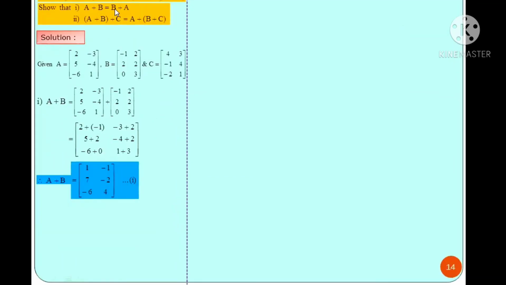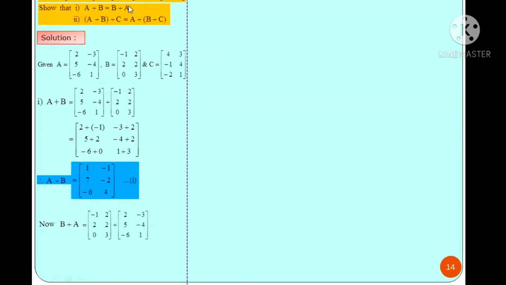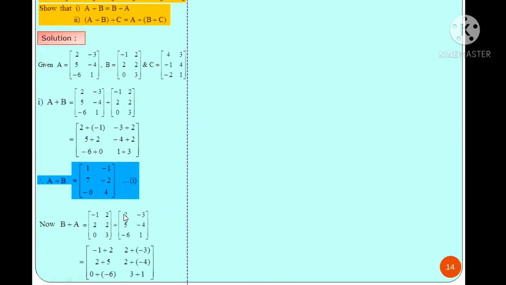Next, for the right hand side, the sum of matrices B and A. B plus A is equal to, check. Matrix B is expressed here. A is also given here. Addition for these two matrices. Check the elements. Minus 1, here first element 2. Minus 1 plus 2.